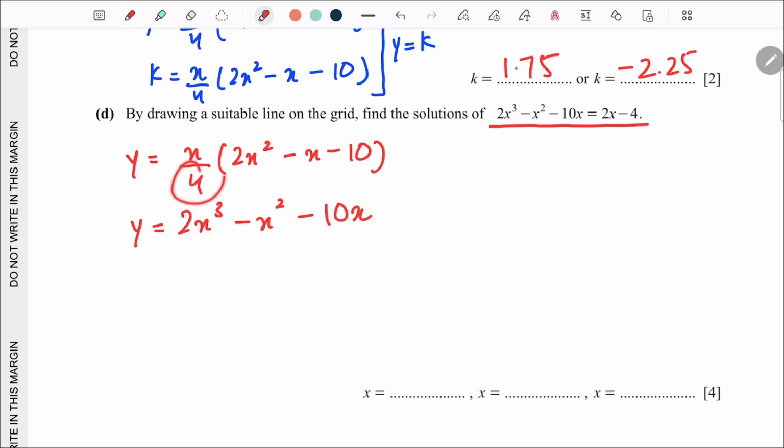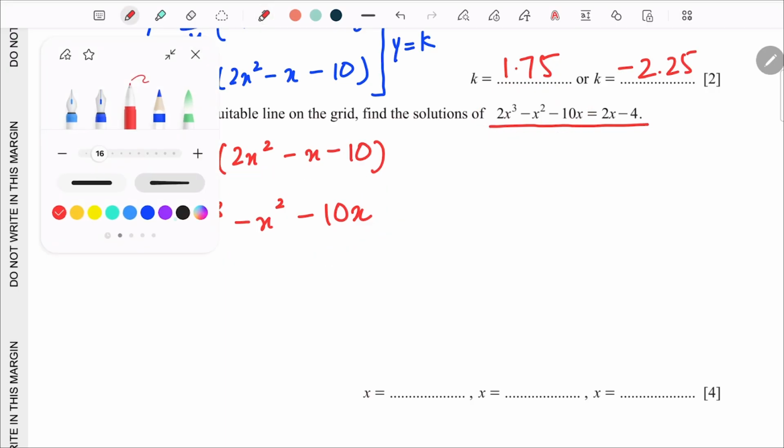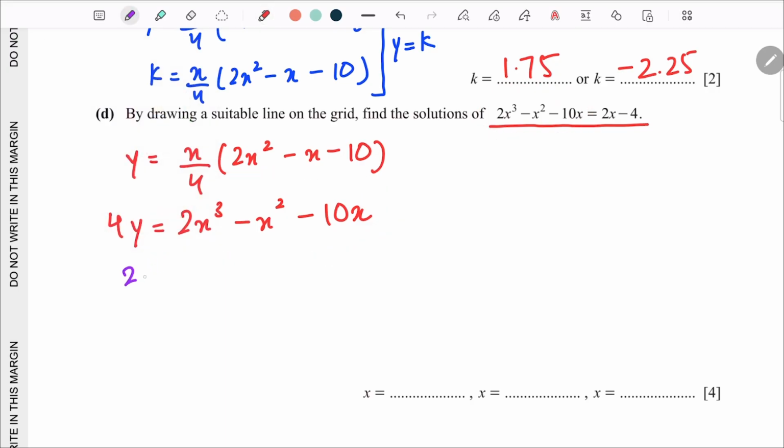And if I bring this 4 to the other side, it's going to be 4y. So this part 2x cubed minus x squared minus 10x is the same as this part right here. So I'm going to copy down the equation: 2x minus 4 is equal to 2x cubed minus x squared minus 10x.